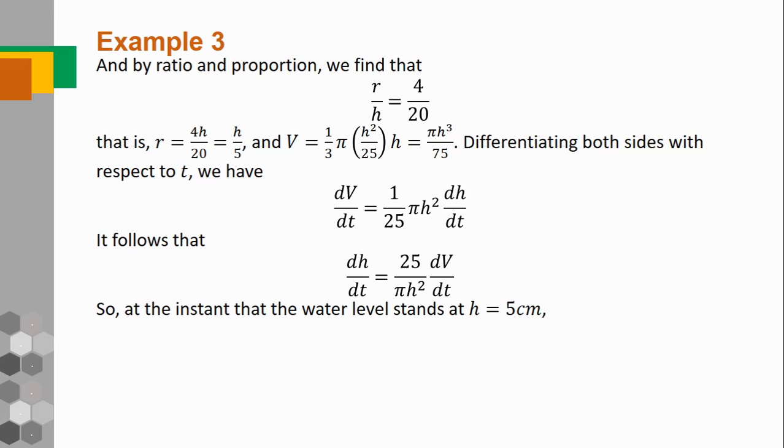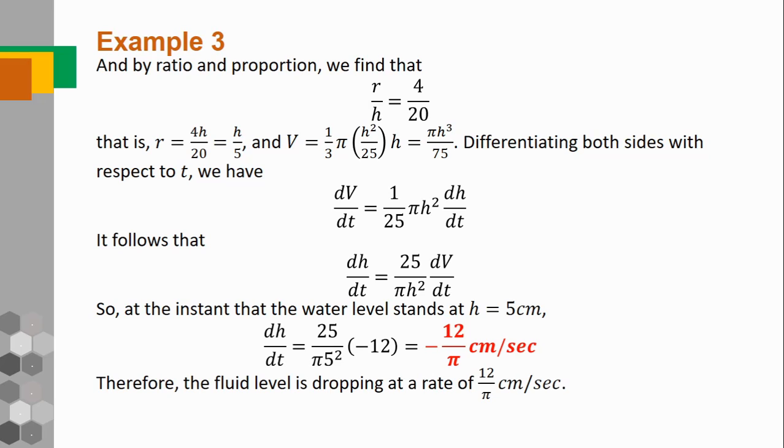So at the instant that the water level stands at h equals 5 centimeters, dh over dt equals 25 over pi times 5 squared times negative 12, and that's equal to negative 12 over pi centimeters per second. Therefore, the fluid level is dropping at a rate of 12 over pi centimeters per second.